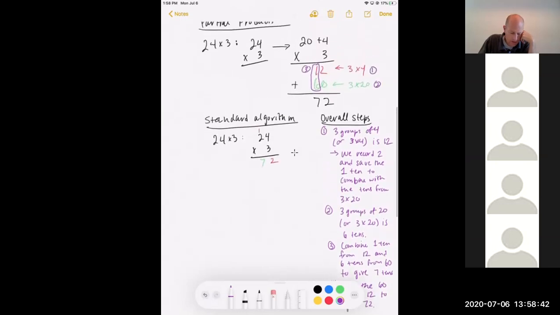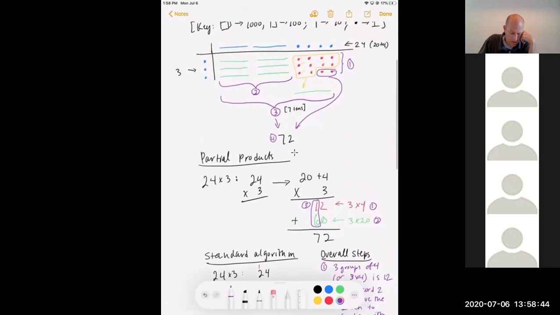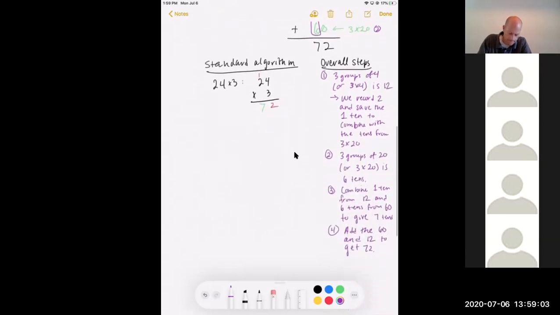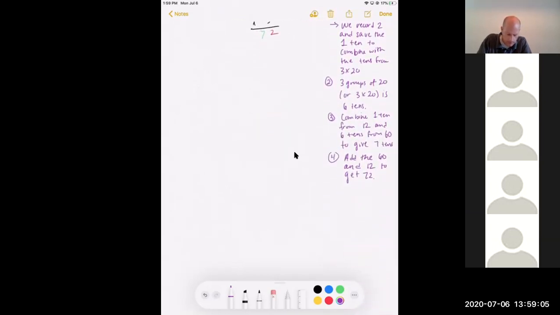All right, so standard algorithm, we have pictures, 3 groups of 24. We have partial products, which help us with an intermediary step abstractly. So we can take 4 times 3, and we're going to do 20 times 3 as well. Okay. So that's like our first example.